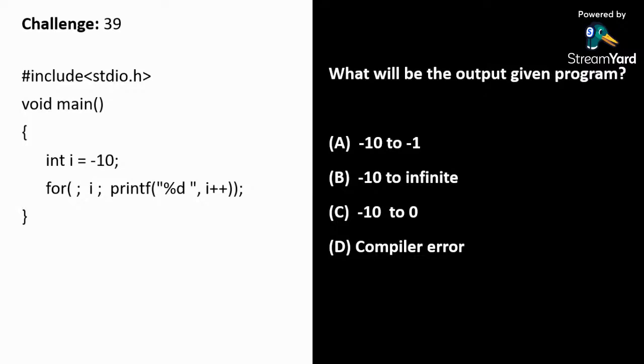Only when j becomes 20 will the condition become false. No, when it is 19, it is still true. No, Shubham, understood?